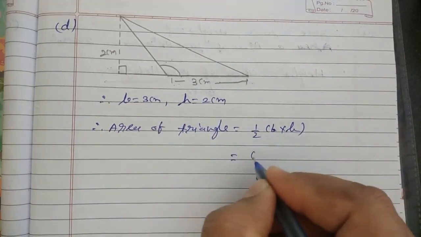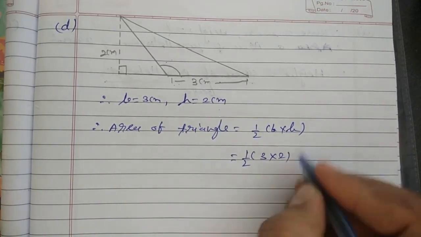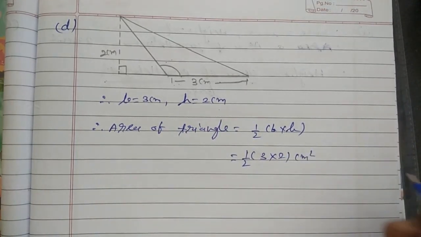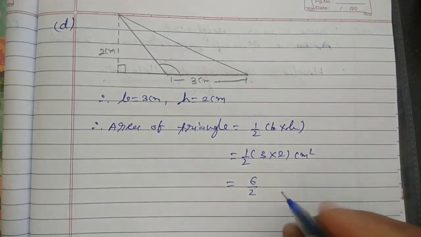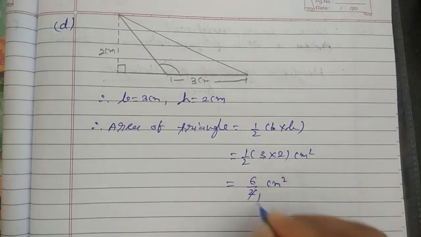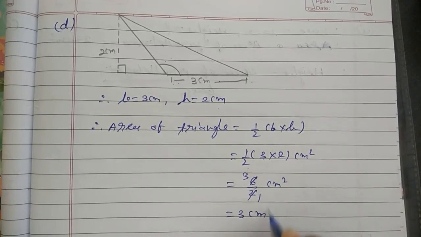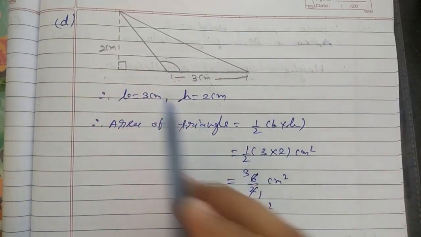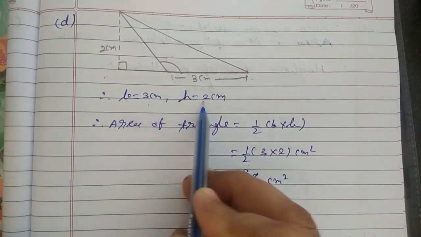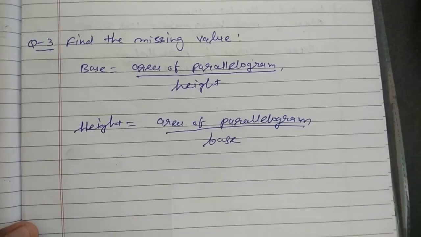Our base is 3 centimeter multiplied by height 2 centimeter, and our unit will be centimeter square for area. 3 2s are 6, 6 divided by 2 centimeter square, 2 3s are 6, so our answer is 3 centimeter square. So obtuse triangle having base 3 centimeter and height 2 centimeter, area of triangle is 3 centimeter square.